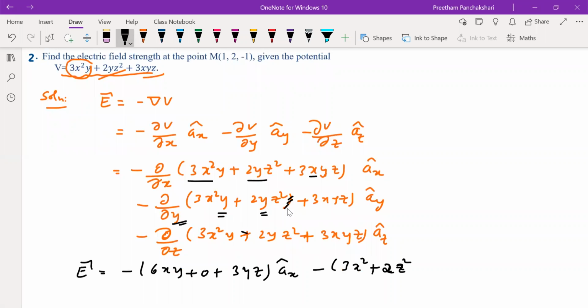Here this bracket is not required. In the last term, differentiation of y is 1, we get 3xz, ay cap.